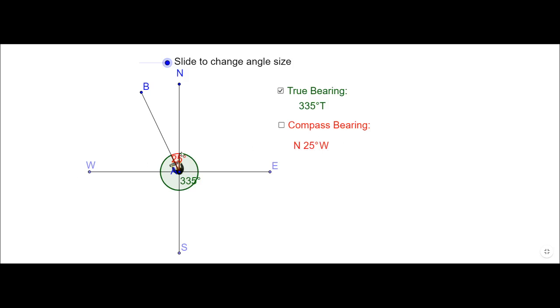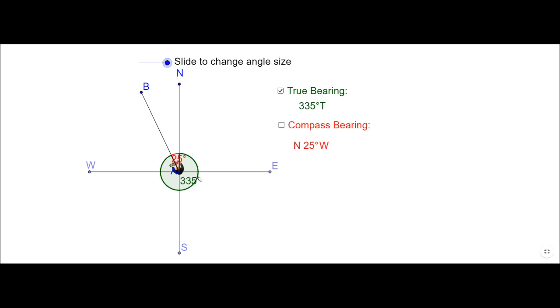And the true bearing will be from this point, because it is always measured clockwise from the north. It is clockwise from the north always. So you measure up to this point this way, it will be 335 degrees. Or somebody can say, it's 360 degrees minus 25 to get 335 degrees.